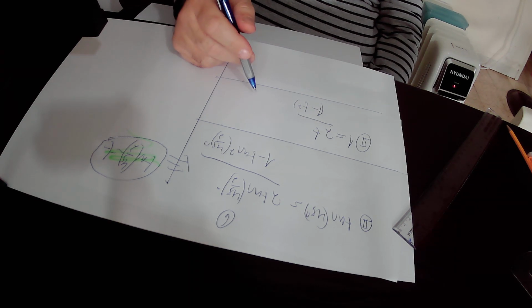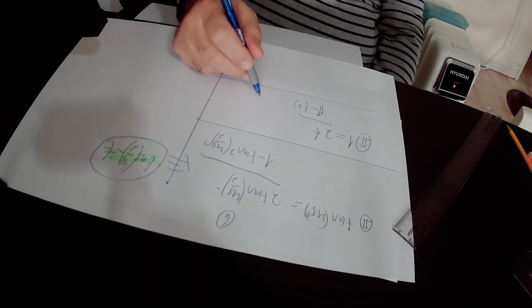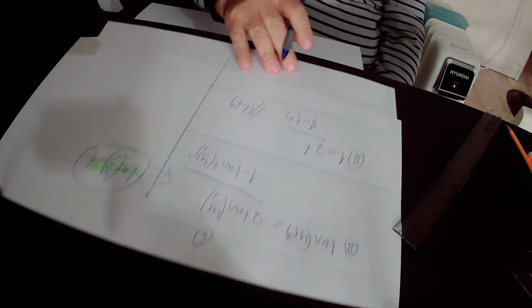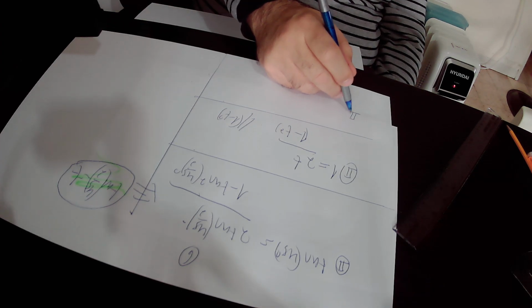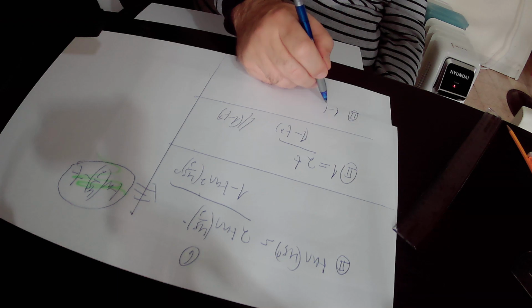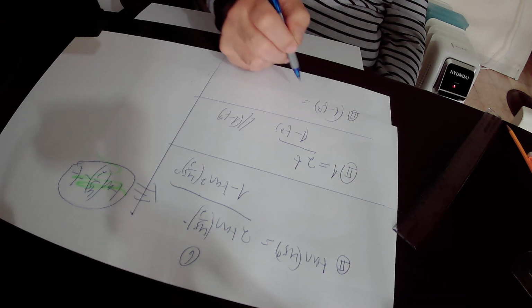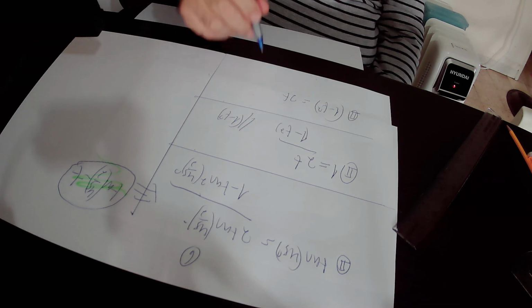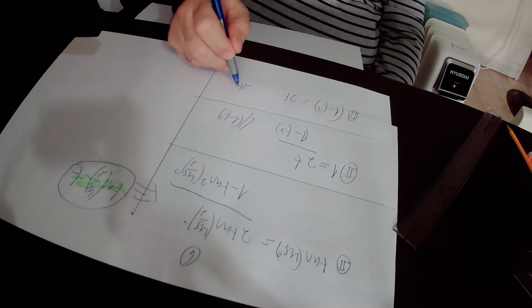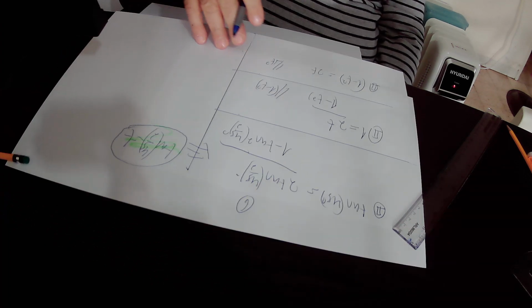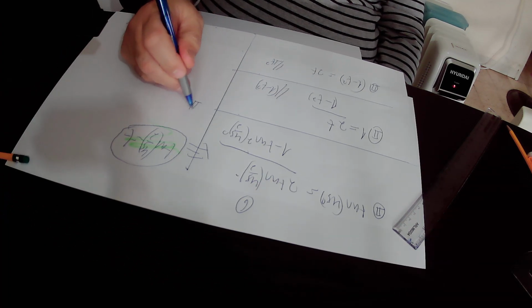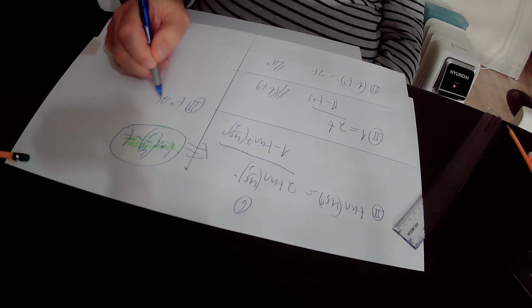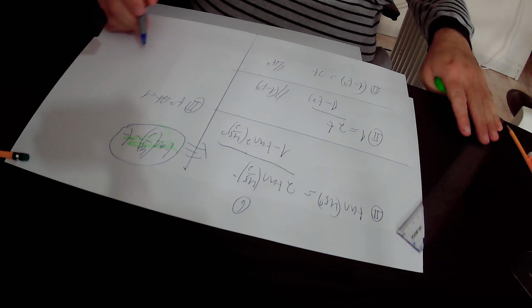Here we will multiply equation number 2 by 1 minus t square, and we get that 1 minus t square equals 2t. Then we move t square to the other side, and we get t square plus 2t equals 1.